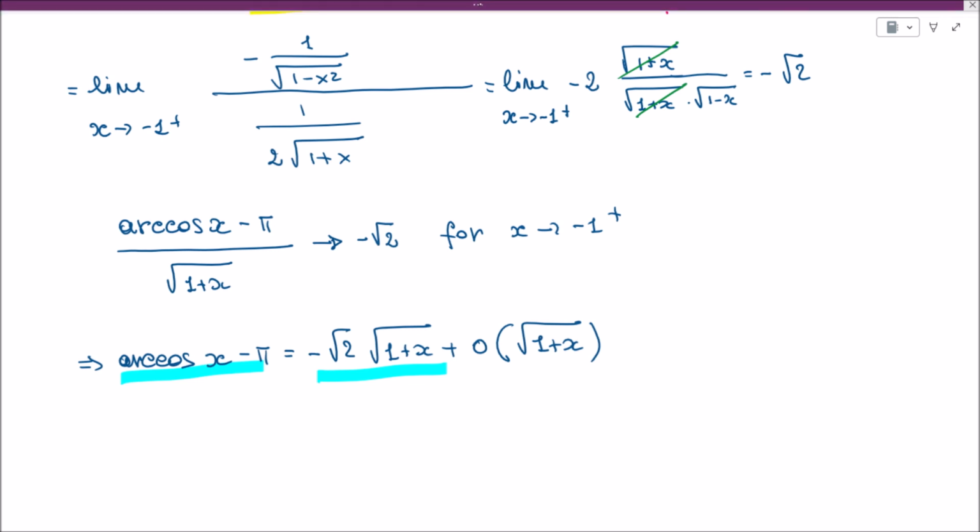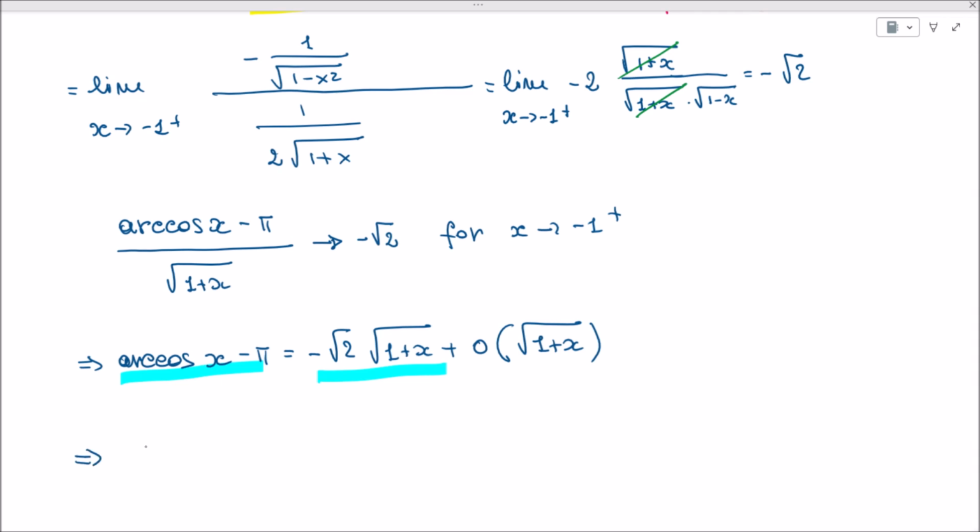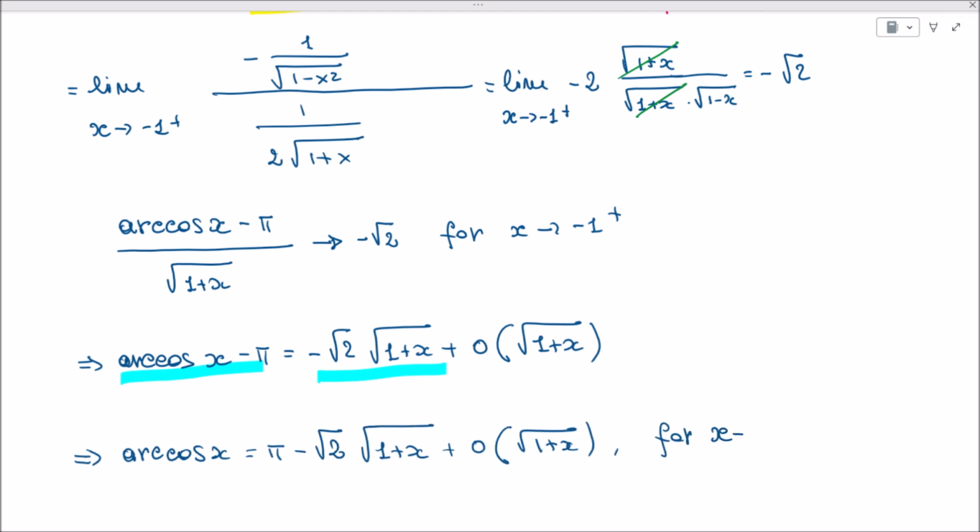So also we can re-express this as arc cosine of x equal to pi minus square root of 2 times square root of 1 plus x plus little o of square root of 1 plus x. And of course I'm always assuming that x goes to -1 plus.